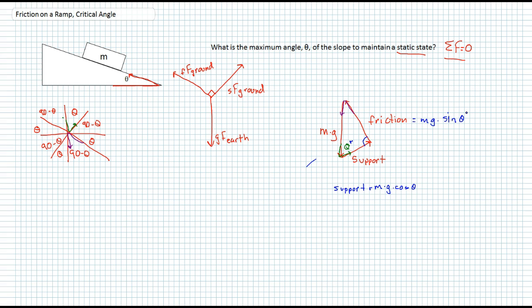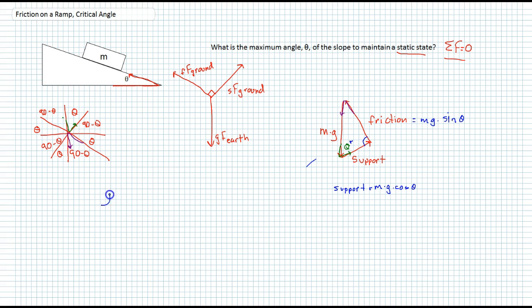Alright, there we go. But I have one more thing that I need to do here to maintain a static state. Here's kind of the trick to the problem. It probably has something to do with how sticky the objects are, so the coefficient of friction.